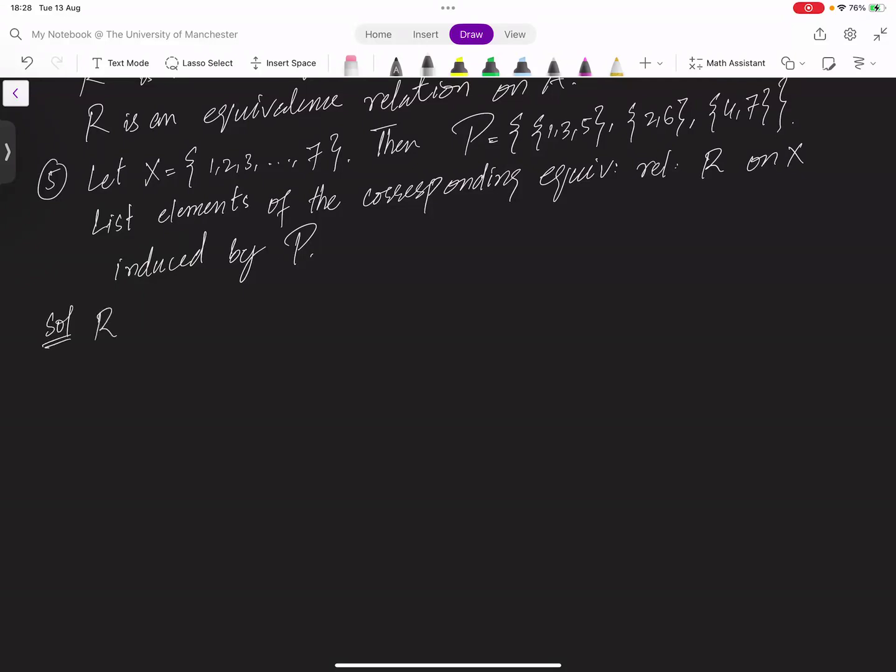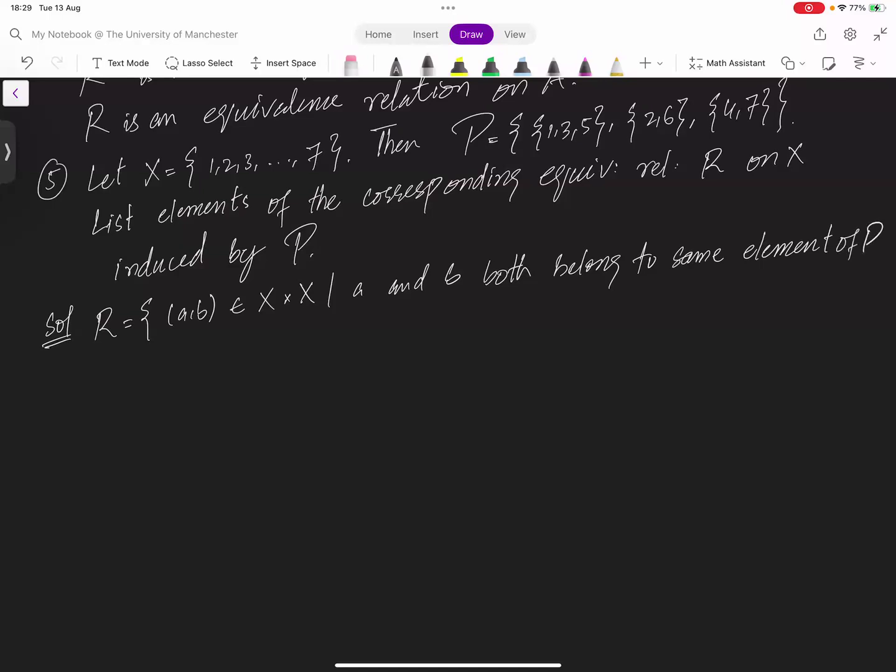To know which ordered pairs can be present, we have the definition that R will contain those elements from X cross X such that a and b both belong to the same set inside the partition, because these sets are elements of P. This is the definition for the relation.